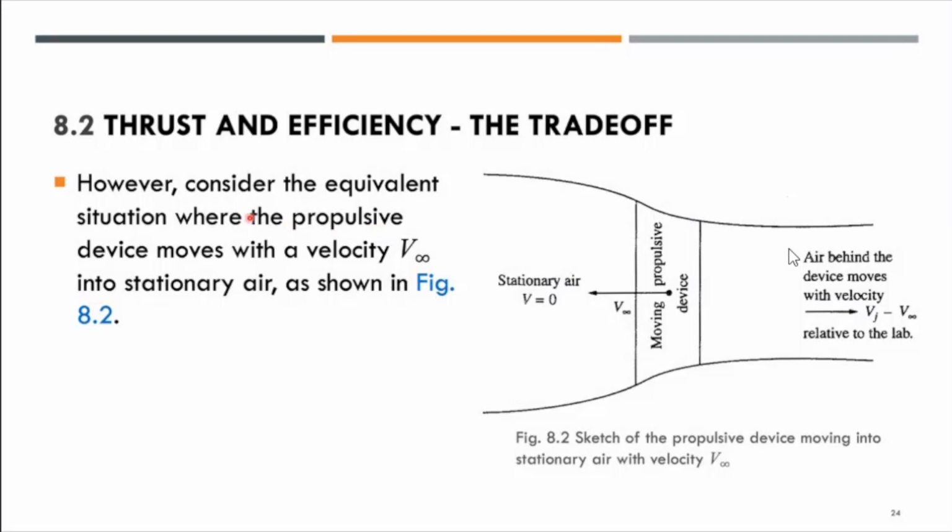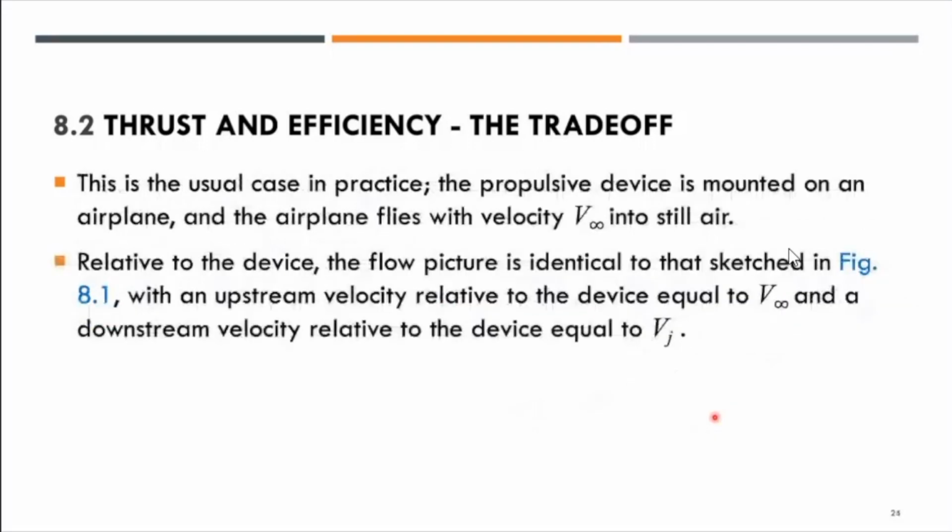But this time, we consider the propulsive device or the aircraft moving with a velocity of v infinity into stationary air, which is shown in figure 8.2, with v naught equal to 0. This is the usual case in practice because the propulsive device is mounted on the aeroplane, and the aeroplane flies with a velocity of v into the still air.